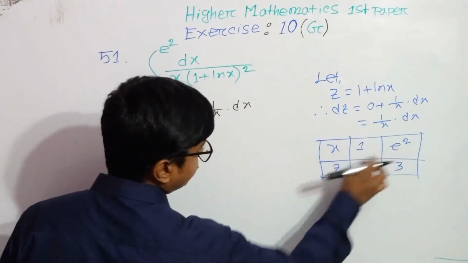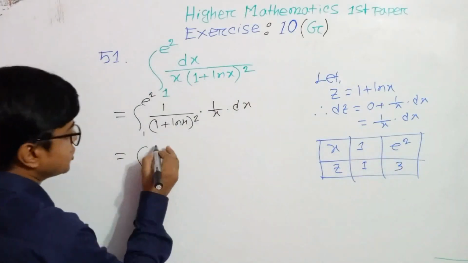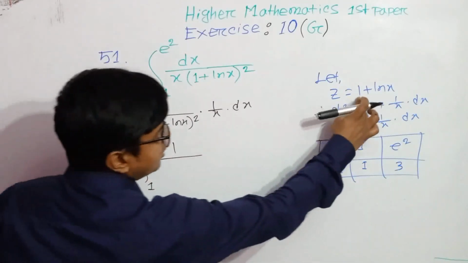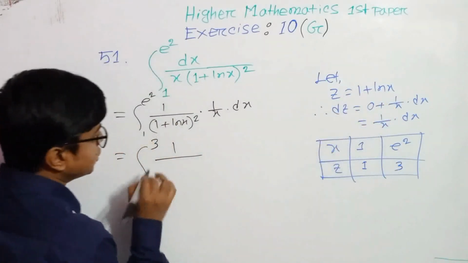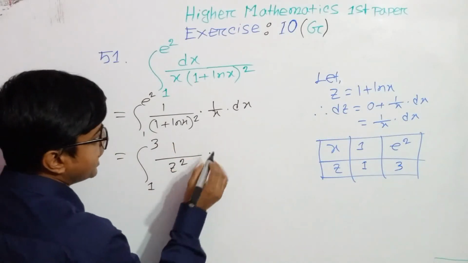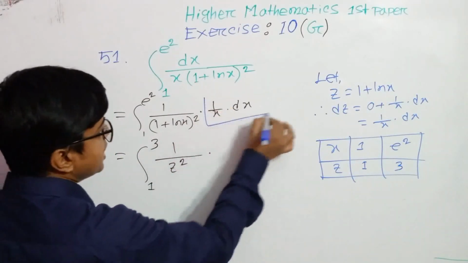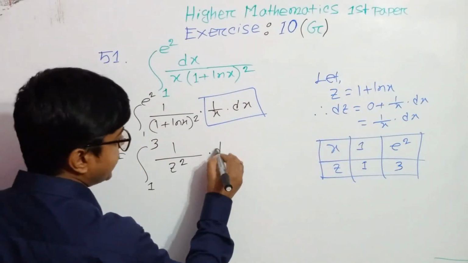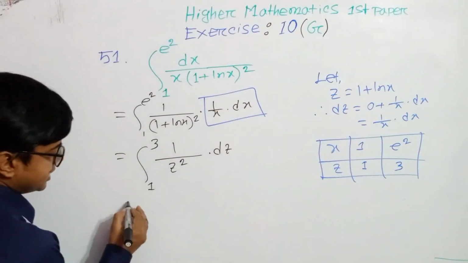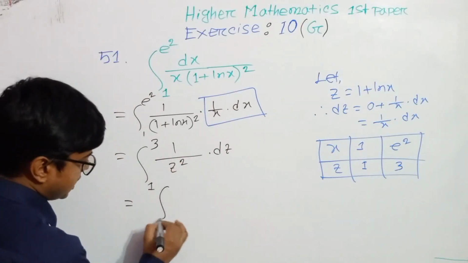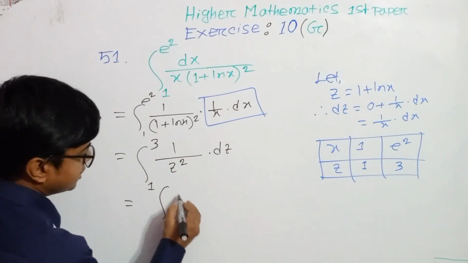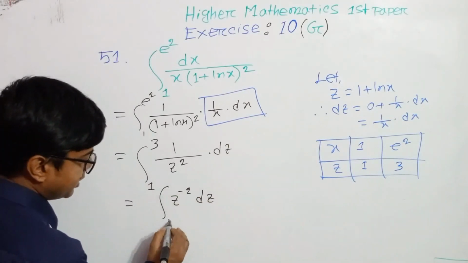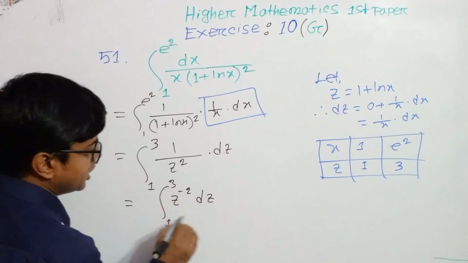When x is e square, then z will be 3, and 1 plus ln x equals z, so it's z square, and for this part we can write dz. So integration of z to the power minus 2 dz, lower limit 1 and upper limit 3.